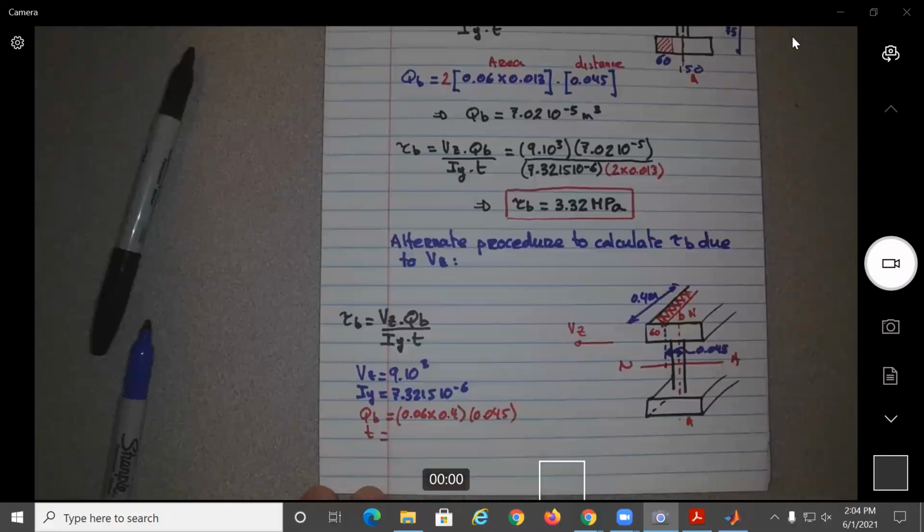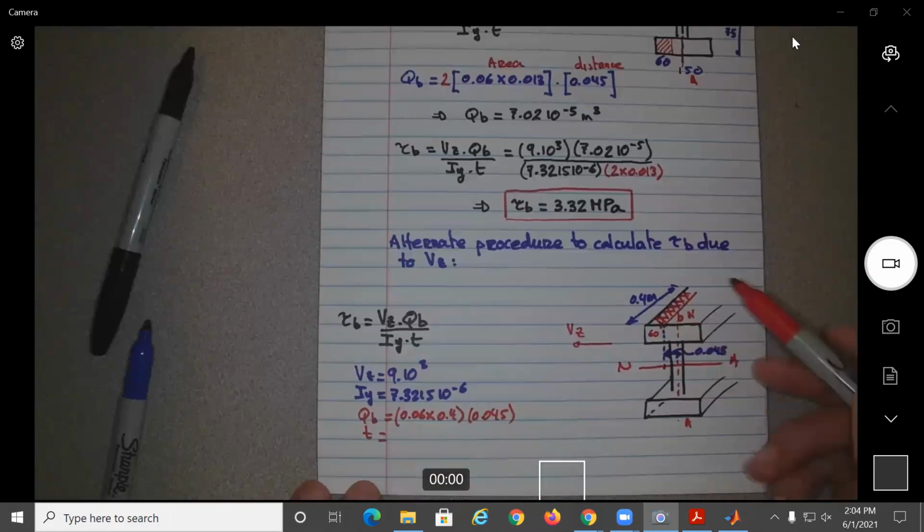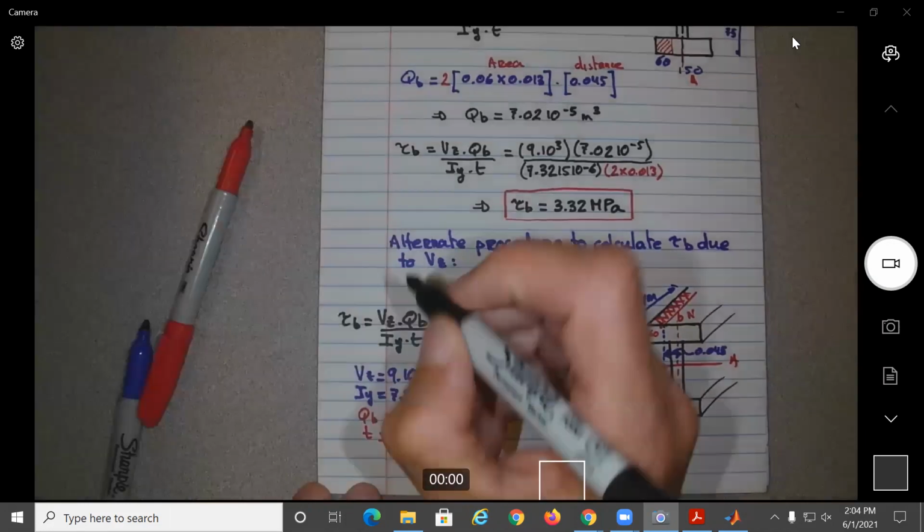And this time, what will be the thickness? The whole length of the beam will be 0.4 meters. Okay, so let's do the calculation and then I'll stop for a second and explain it.